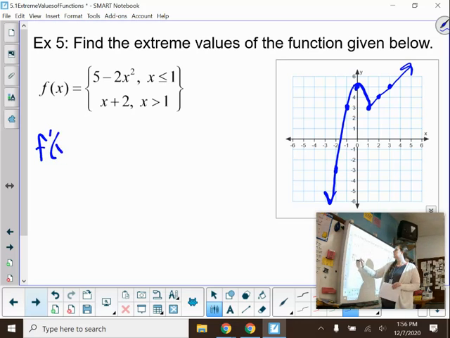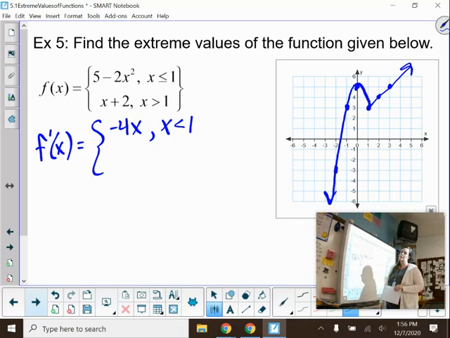So if we take a look at the derivative, and I believe the book actually goes through and works out the definition of derivative, but I don't think that's necessary now that we know the shortcuts. So the derivative of this top piece is going to be negative 4x, and that's going to be the derivative if x is less than 1. I can't include 1 because it's not differentiable at 1. The second piece has a derivative of 1, and that's for all the x's that are greater than 1.